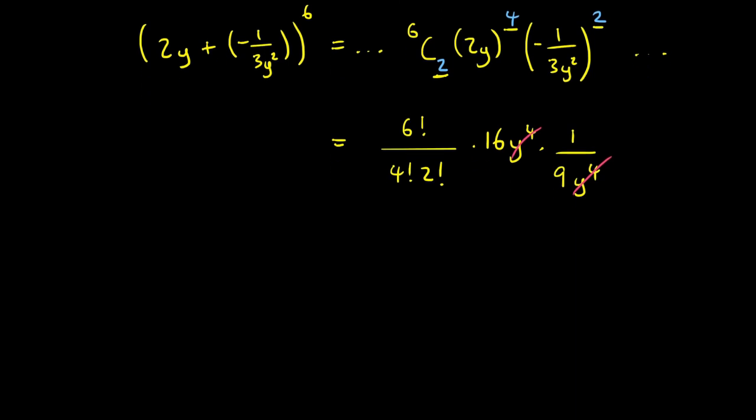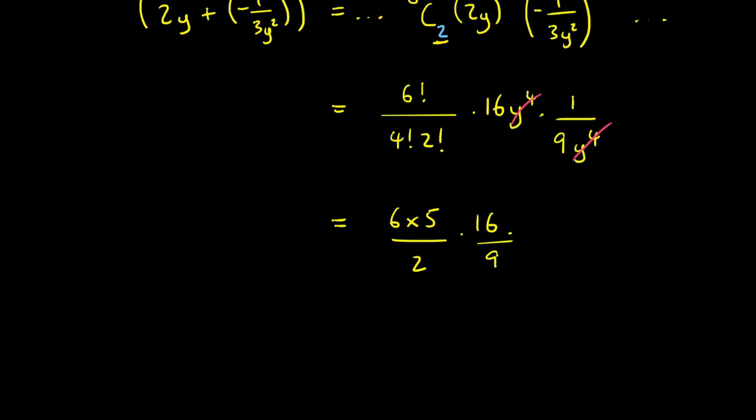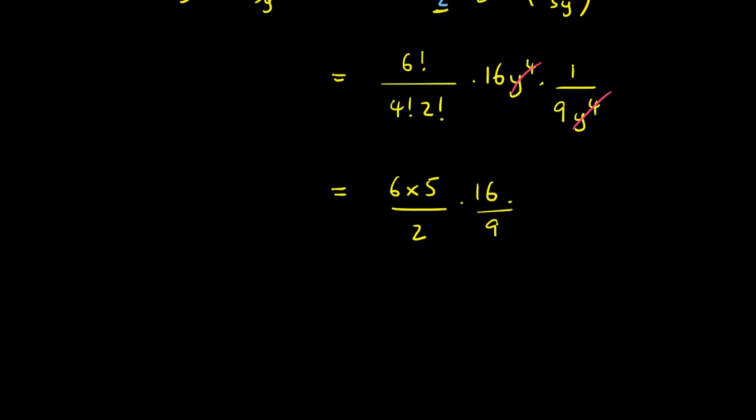Well, firstly, 6 factorial divided by 4 factorial. On the top, we've got 6 times 5 times 4 times 3 times 2 times 1. If we divide it by 4 times 3 times 2 times 1, we're going to be left with just 6 times 5. And then on the bottom, 2 factorial is just 2, times 16, and then divided by 9. Well, we can definitely cancel, can't we? We divide top and bottom by 2, so that disappears, and that 16 becomes an 8.